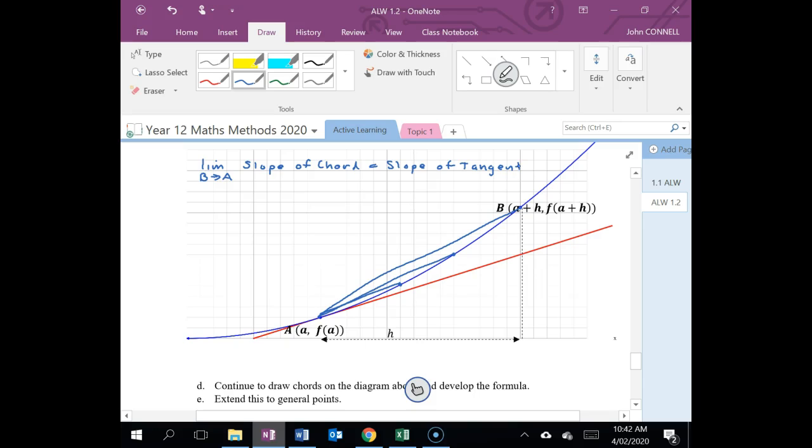And we know what the slope of the chord is. The slope of the chord is f of a plus h, take f of a, all over h. And instead of saying B goes to A, because that's pretty unspecific, remember the distance between B and A is h, so we can just say the limit as h goes to 0. That's going to bring B in towards A. So this must be equal to the slope of the tangent.